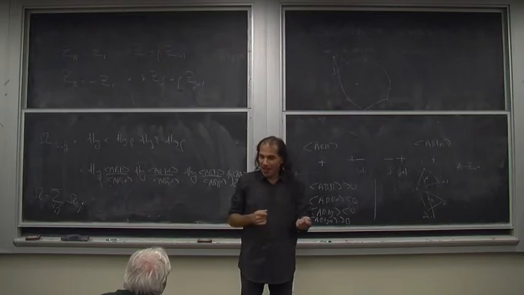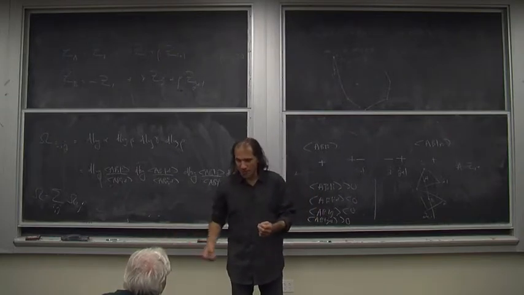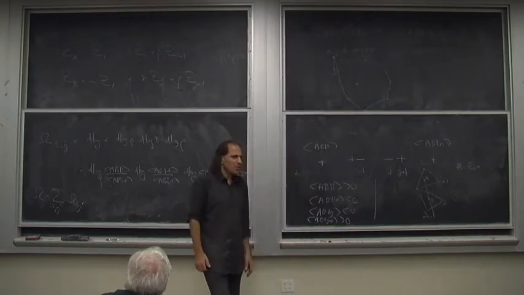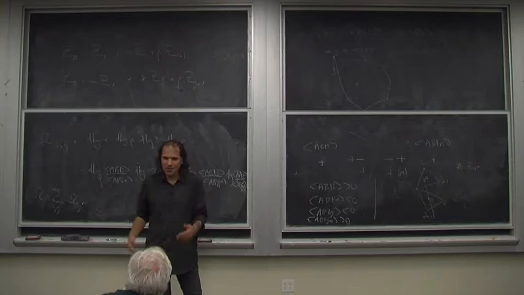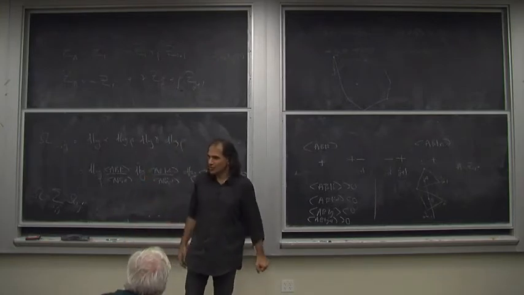So in this intersection picture, the answer should not come out as 4 form times 4 form. It should come out as 6 form times 2 form. And it would be wonderful to do it. We have not done it, so we should do it.